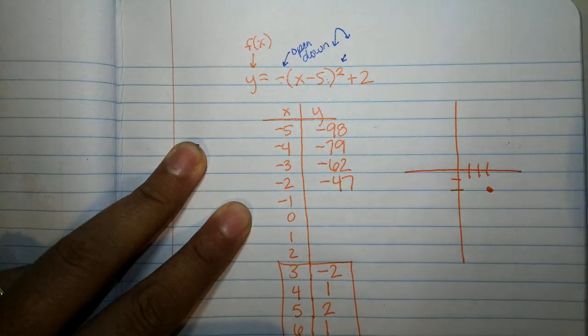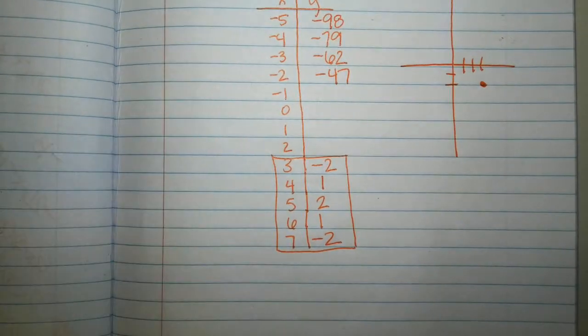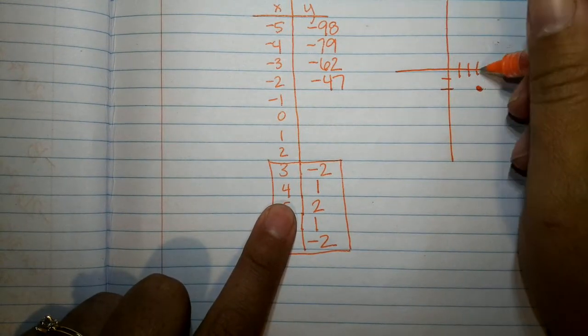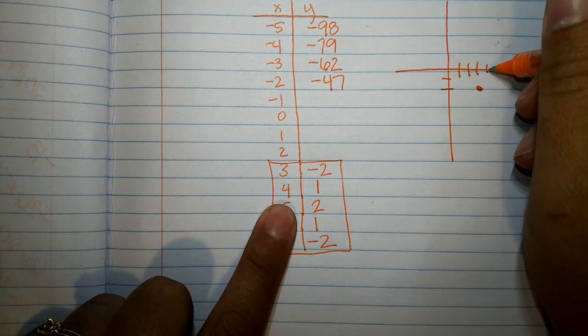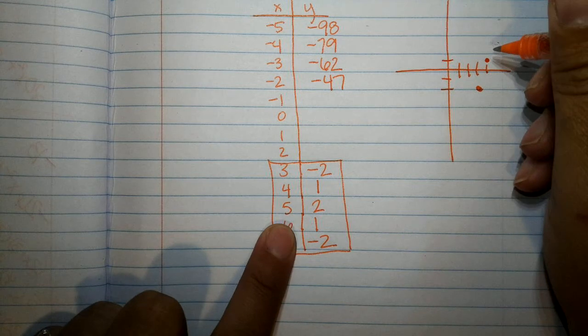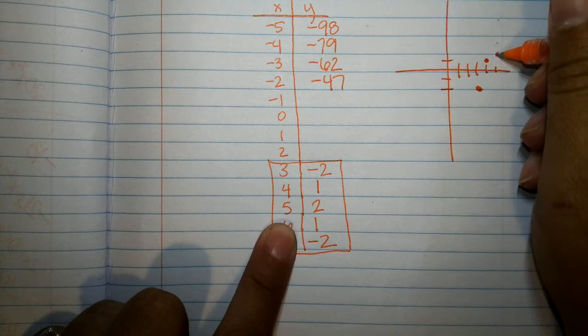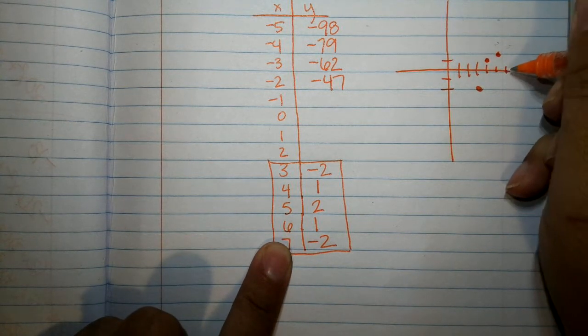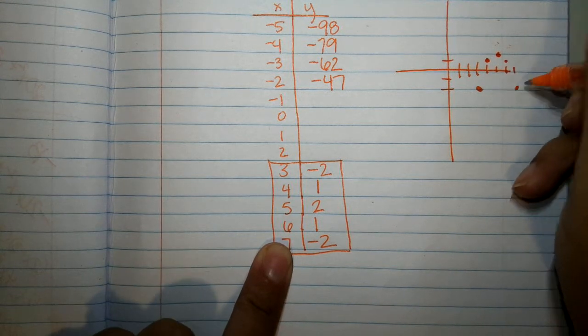If that was positive, it goes up. Okay, so let's keep graphing. 4, 1, 1, 2, 3, 4. +1. I've got 5, +2. 6, 1, 7, -2.